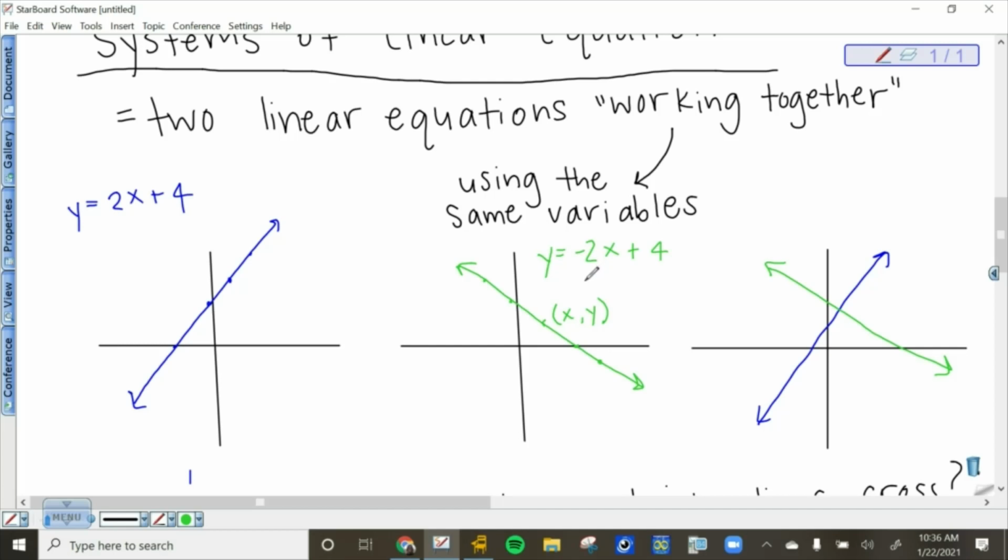Now when we have a system of equations, what do you think the solution to a system of equations would be? If the solution is every single point on the line, what would our solution be for this system? Would it be every single point on the blue line and every single point on the green line?